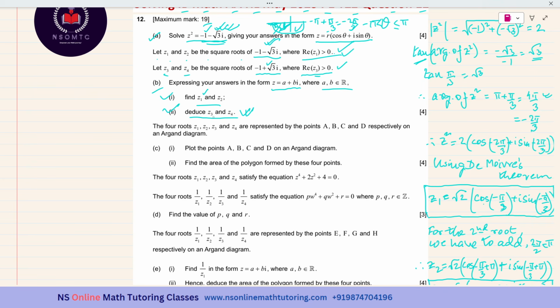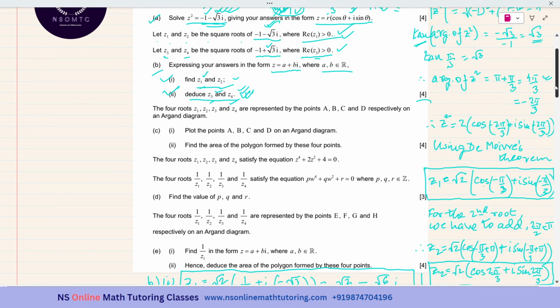So Z3 will be the complex conjugate of Z1 and Z4 will be the complex conjugate of Z2. Okay, and this is carrying 4 marks and we are giving the 4 roots. So you do not have to explain anything.